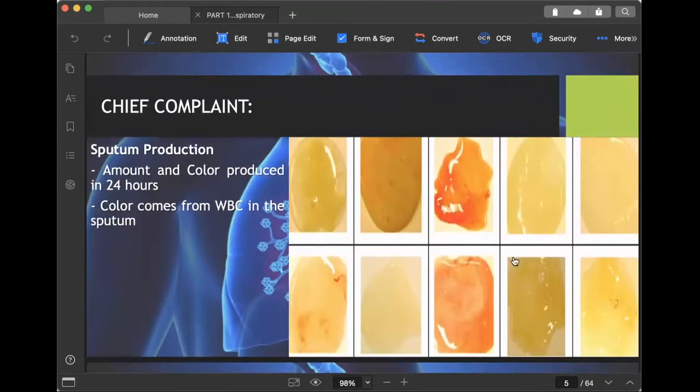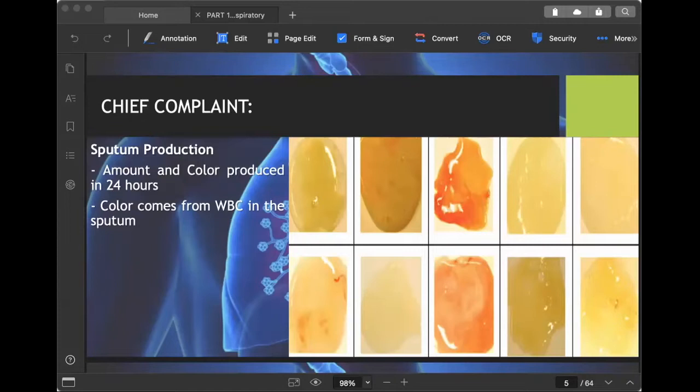As you can see in this illustration, the sputum varies in color. If it's whitish, usually there's an absence of bacterial infection. However, if it's yellowish, there's production of many eosinophils, thereby sometimes signifying allergic reactions.